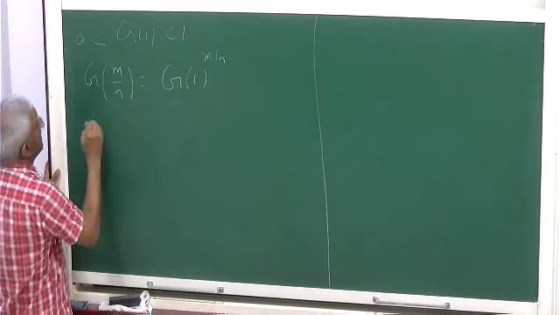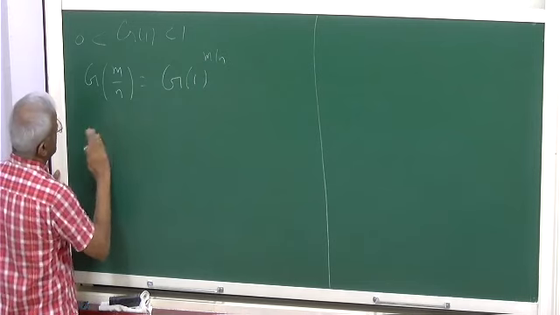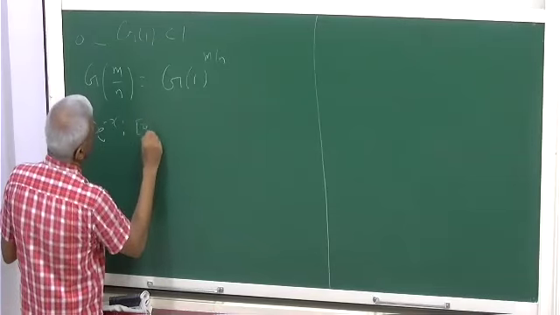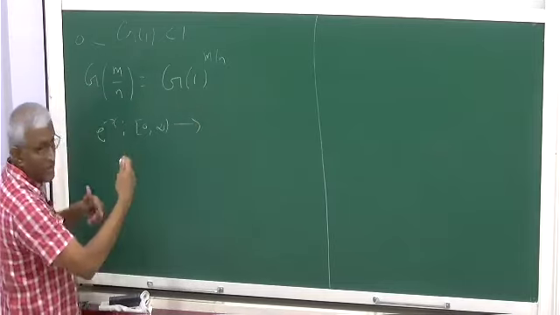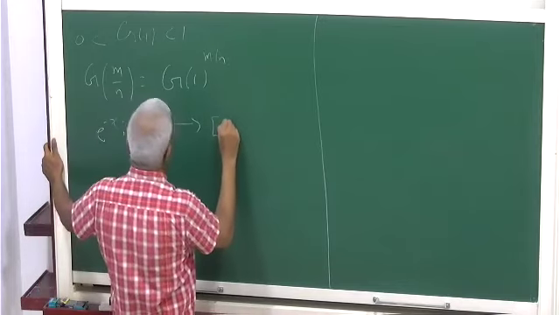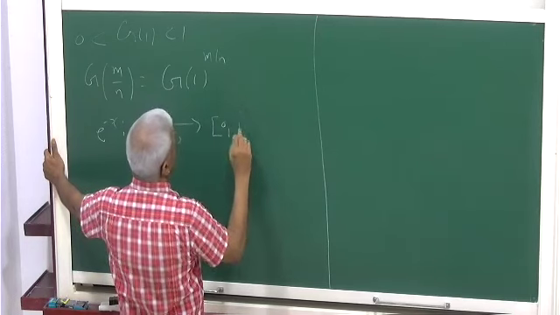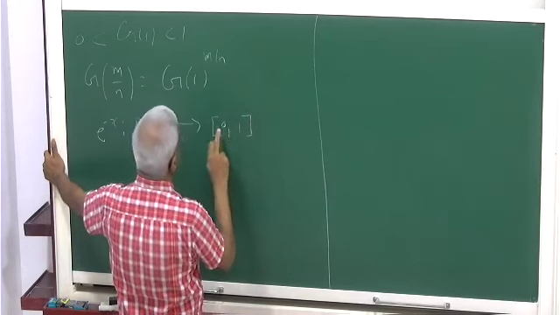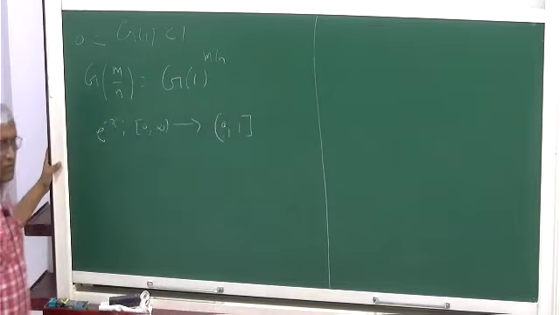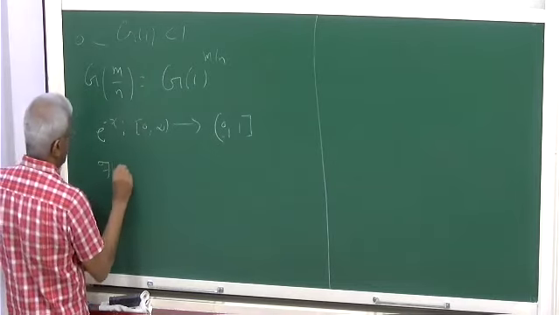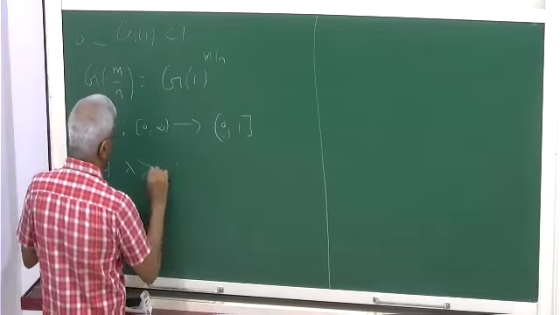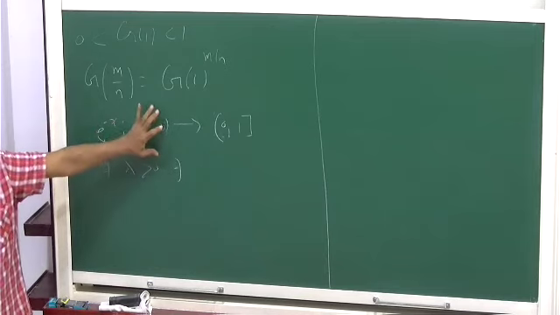Now, this e power minus x is a function that goes the other way, from 0 to infinity and infinity to 1. It is a strictly decreasing function.